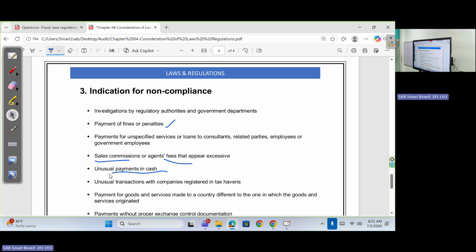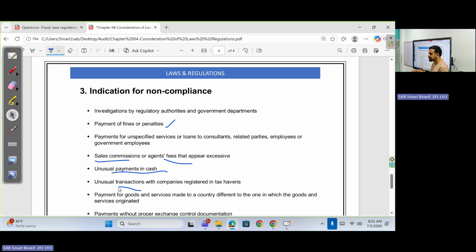So likewise, if you see unusual cash payments in the financial statements, you have to check why this unusual payment has been made. Also unusual transactions with companies registered for tax. Simply saying, unusual things are the important thing in variance analysis.